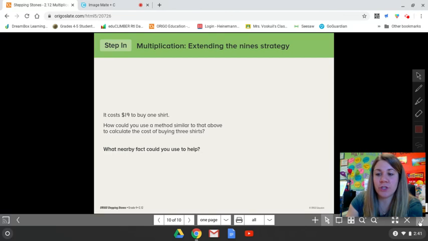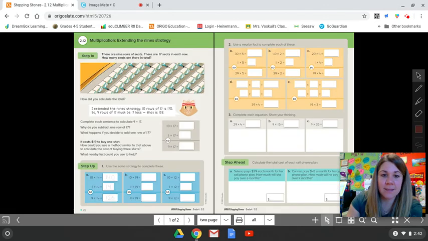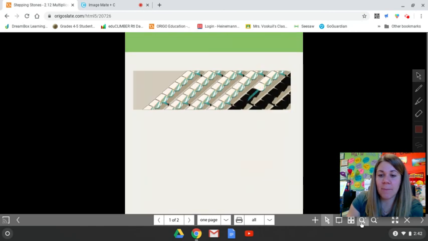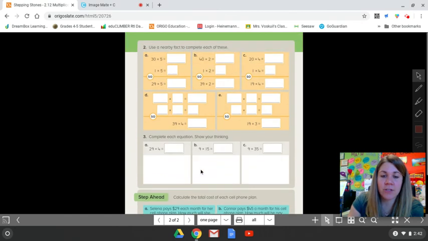Nice work. So in your student journals, you are going to be practicing this on page 76 and 77. They have it set up for you to help you solve 9 times 14 by using 10 times 14 and subtracting a group of 14.